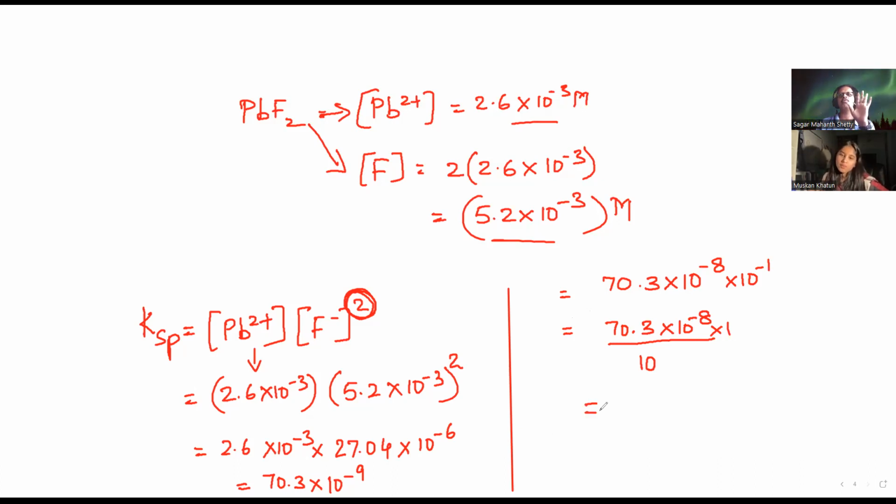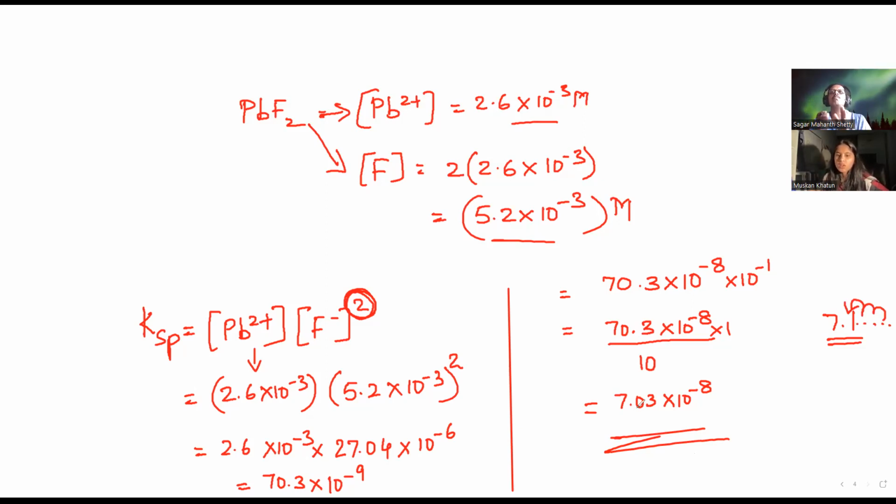Now, as I told you, if I'm going to divide, the decimal moves one place to the left. So this would be 7.03 into 10 to the power of minus 8. Now in your PPT it is given as 7.1. They didn't give us the extra decimals that were here. They must have been rounded off to the nearest values. So here we are a bit more accurate than that approximate answer. So this is how he has got the value of 10 to the power of minus 8 in the question.